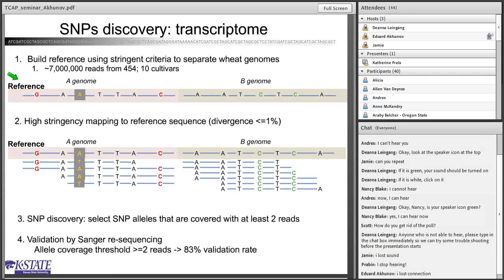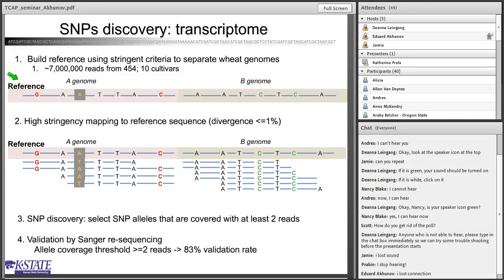At the next step, we performed very high stringency mapping of sequence data to the reference genome, allowing only less than 1% mismatch between the mapping reads and the reference sequence. And then we used genome-specific alignments where we separated reads into genome-specific assemblies, essentially, for SNP discovery.